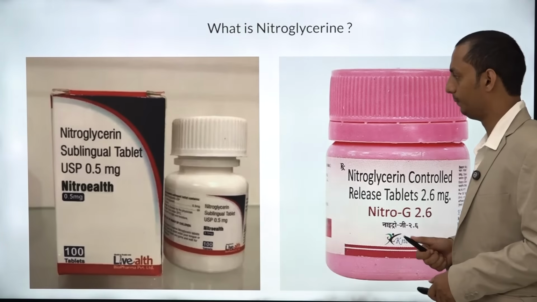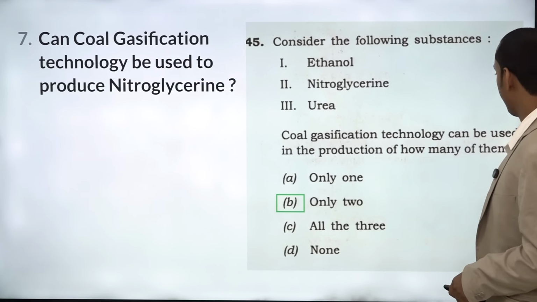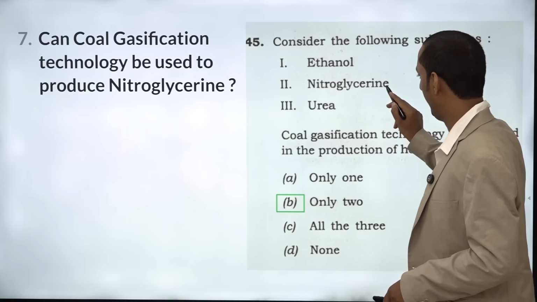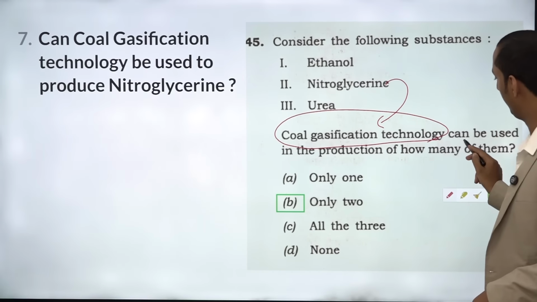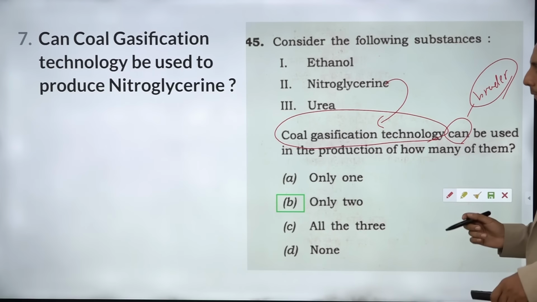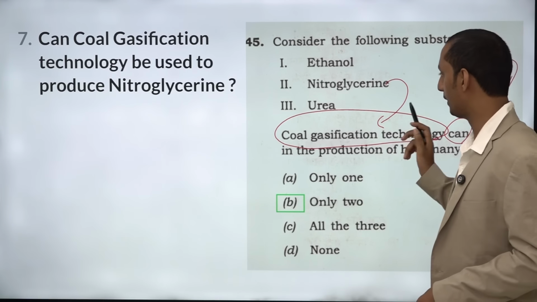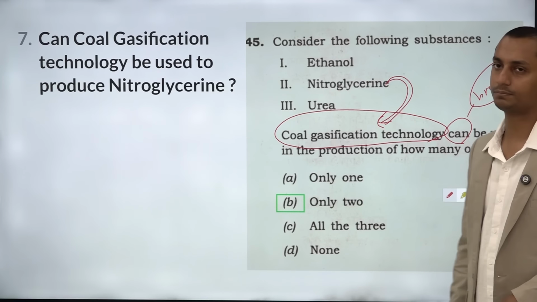Now, let me ask you, is there a direct relation between nitroglycerin and coal gasification technology? Okay, "can" is used here. "Can" is a very broad term. But then, is coal gasification technology directly used in the production of nitroglycerin?